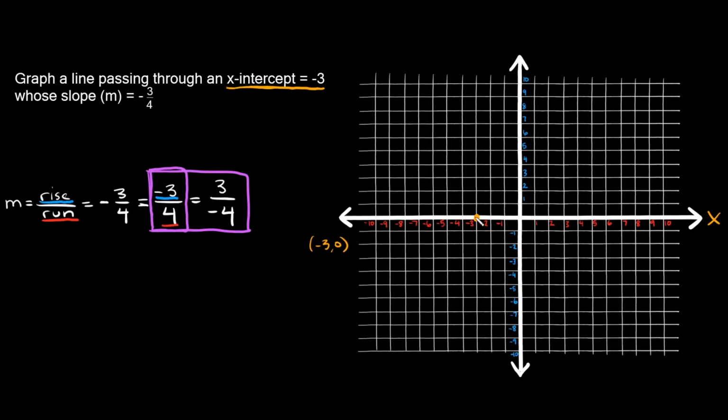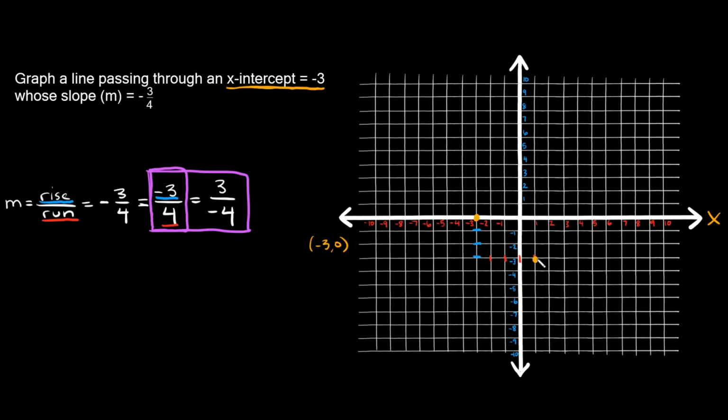So we start from the point that we plotted already, go down 1, 2, 3, and then over 4: 1, 2, 3, 4. Now we just found another point that our line runs through.